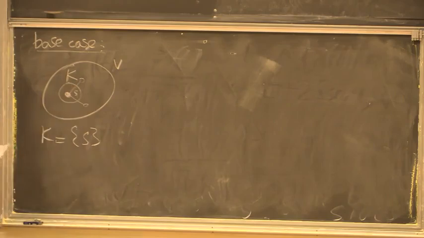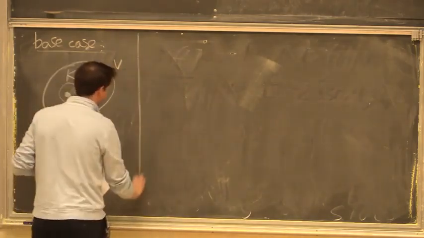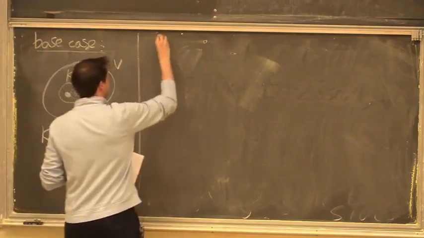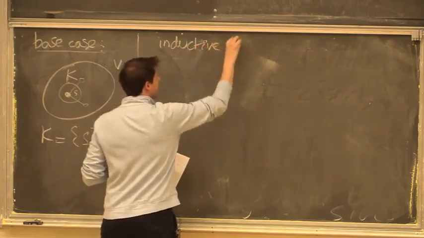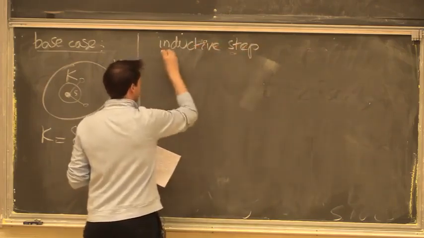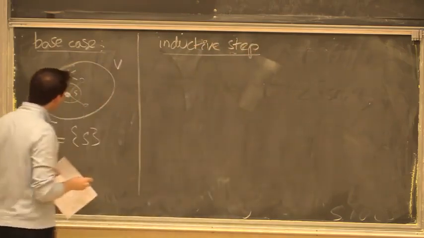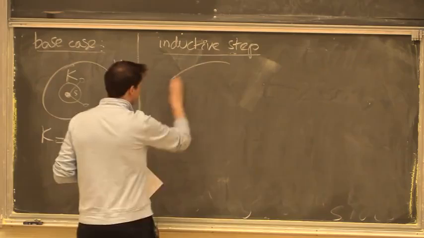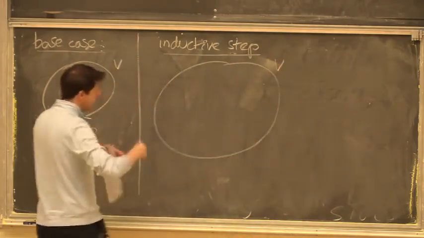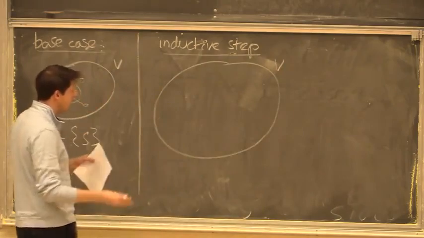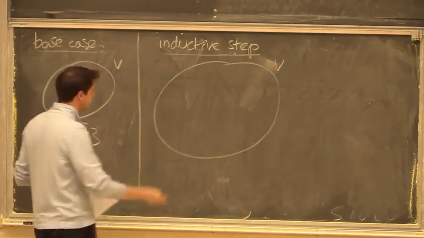So now let's get to the induction hypothesis, or at least to the inductive step. Let's try to derive how the algorithm should reason. Okay? So again, we have all the vertices. Here they are. Now we've gone through the algorithm that we haven't designed yet, but there is some state.